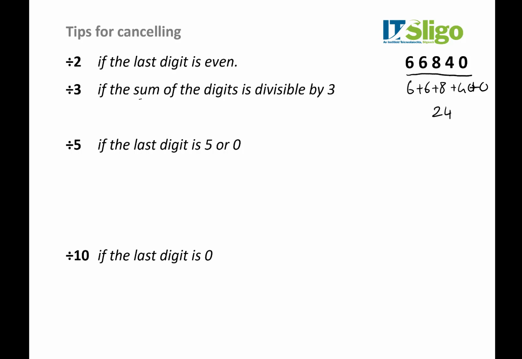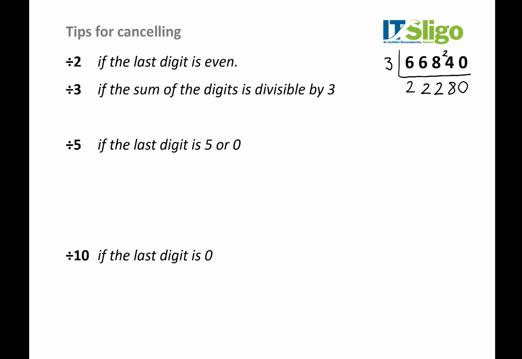If the sum of the digits is divisible by 3, then the whole number is divisible by 3. The sum of the digits is 24, and 24 is divisible by 3. So we would expect this number to be divisible by 3. This goes in twice, twice, twice, 2 left over, 8, and then the 0 just drops down.